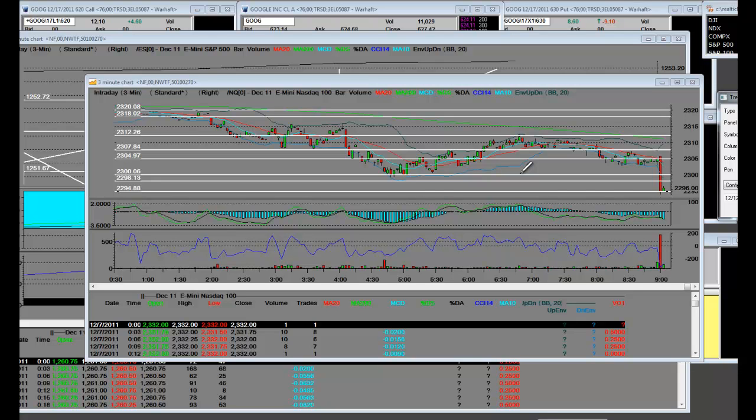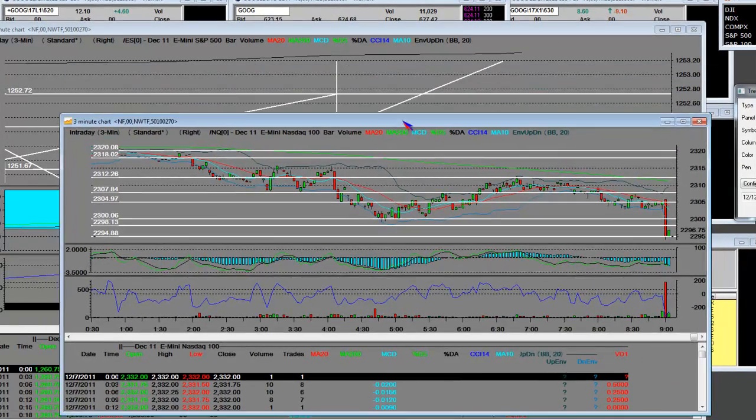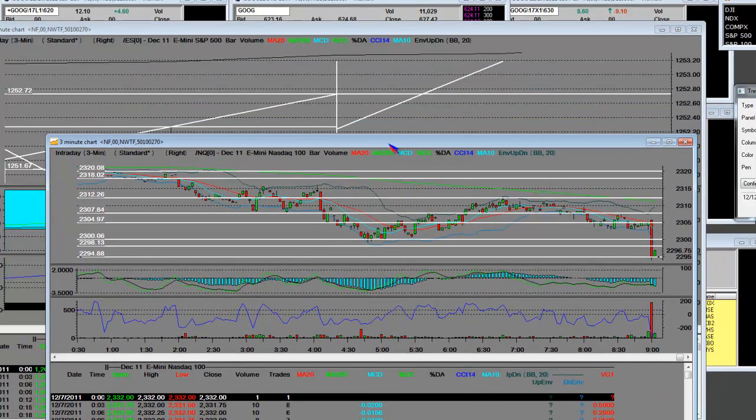Good morning, 6:04 a.m. Pacific Standard Time, 26 minutes to that opening bell. We've had an hour and 4 minutes of futures trading called the E-mini, which is the Nasdaq 100. And what kind of stocks are in there? Leadership stocks.